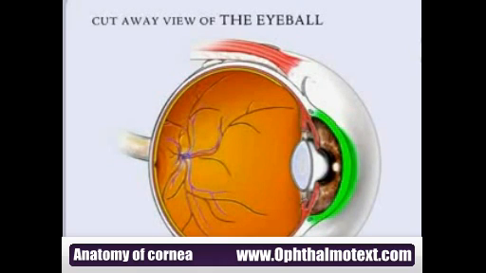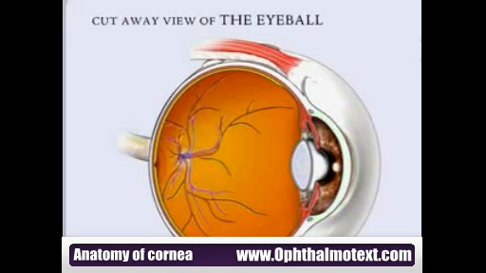The third one is the substantia propria, and the fourth, very important clinically, is known as Descemet's layer, or sometimes Descemet's membrane, in simple terminology regarded as the posterior elastic lamina. And the last, final layer, which is towards the iris, is the layer of endothelial cells. These are the 5 layers of the cornea.